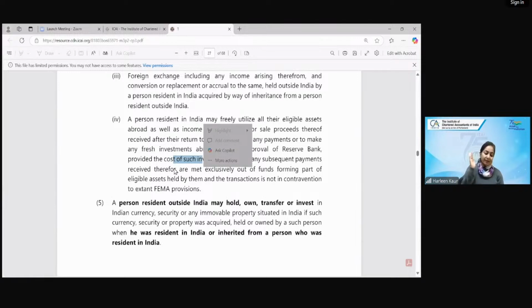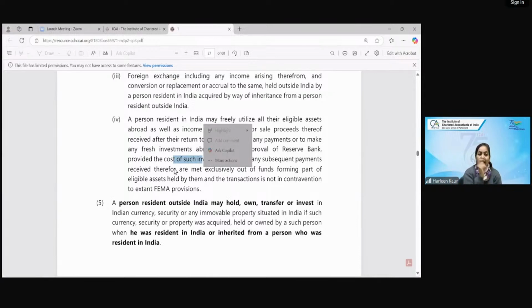Now, there is a person resident in India holding an asset in a foreign country, say the USA. When Mr. A, who is a PRI, sells his asset in the USA, then whatever money he gets from that asset, suppose he has got 5 lakh USD, he can freely use that. No permission is required for utilizing this amount.